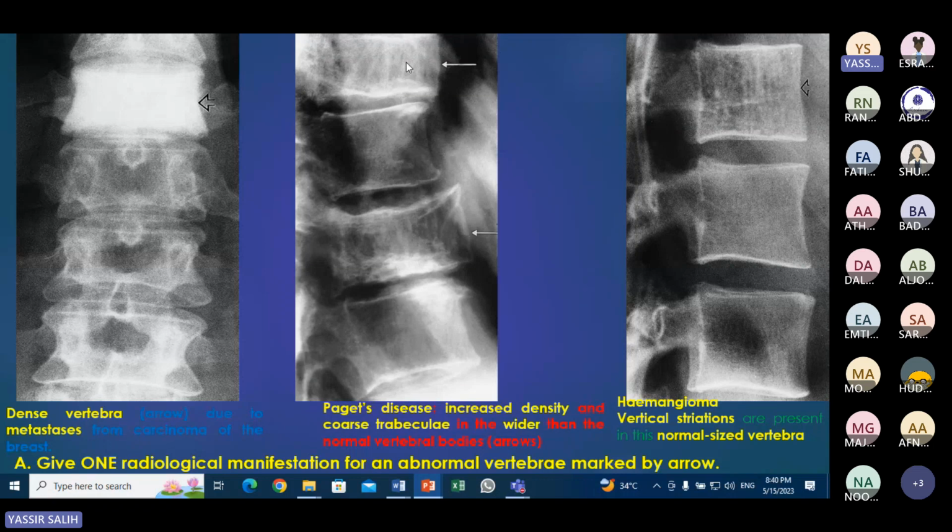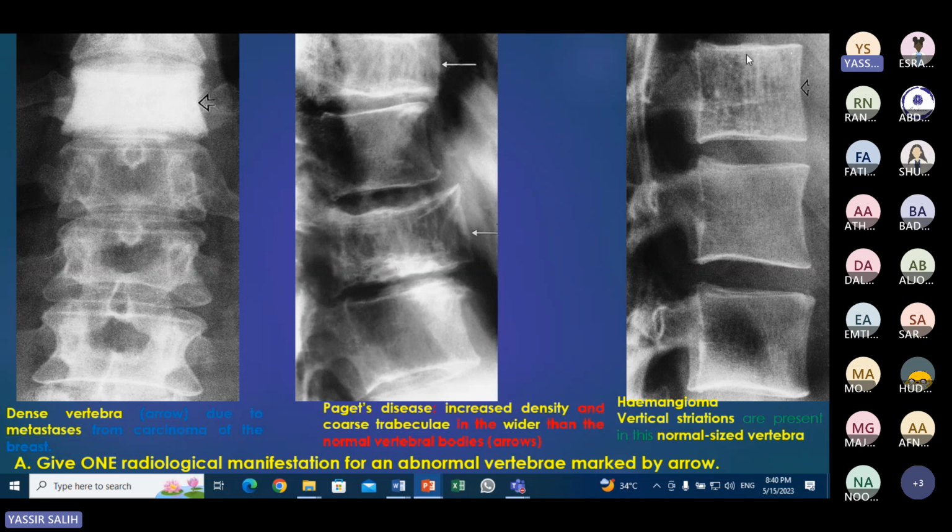These lines are the trabeculae, wider and irregular. And also in this one, the arrowed vertebra has increased density and also there is vertical striation. Notice the trabeculae, these vertically oriented lines.